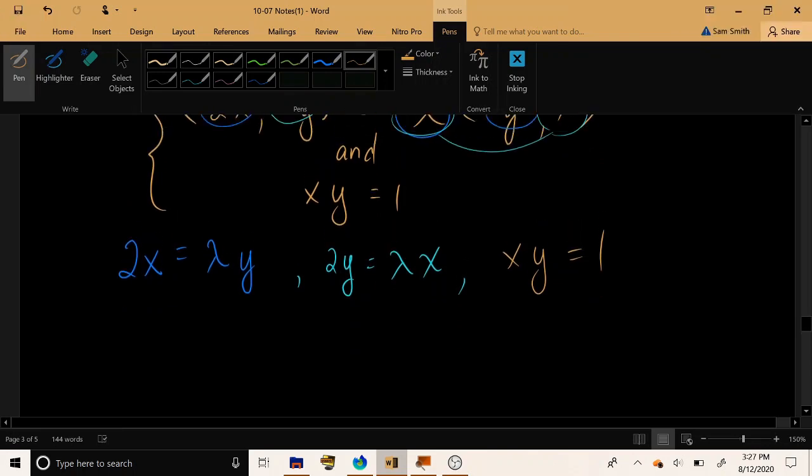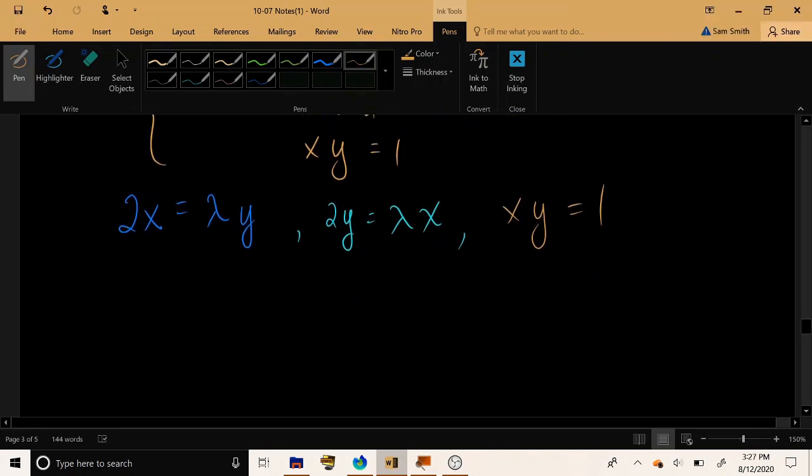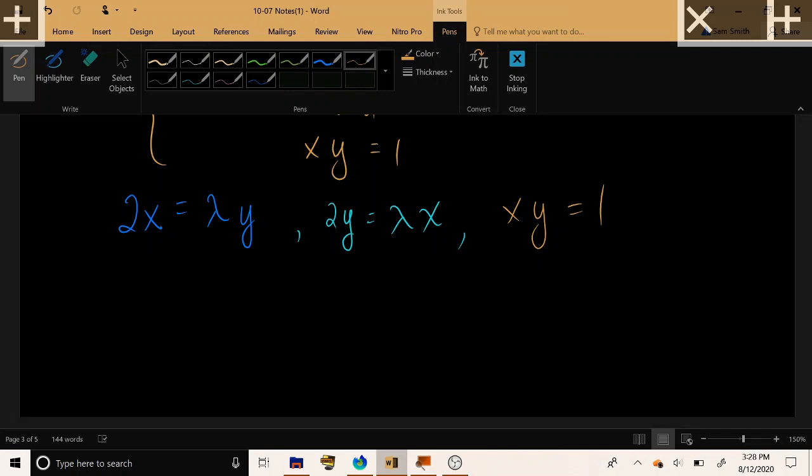And if you've taken any linear algebra before, you'll remember perhaps that when we are solving systems of equations, if you want to be able to reliably get a solution, the number of variables in your equation needs to match the number of equations that you have, which is why we introduced this third variable called lambda. We introduced a third variable so that the number of variables and the number of equations would match, so that we would have 3 of each.